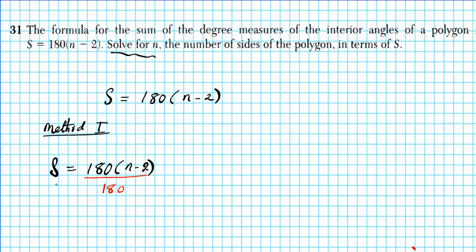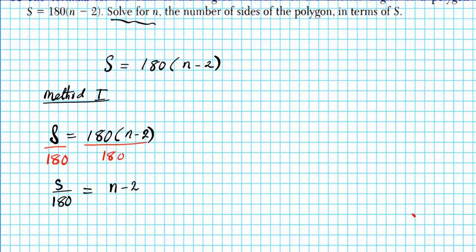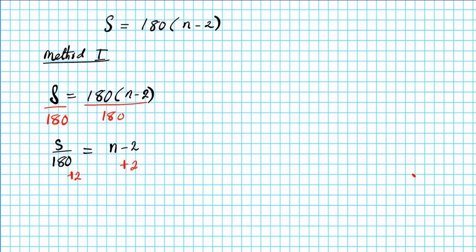Remember, the goal is to get little n by itself. And then that yields S over 180 equals n minus 2. And then you proceed to add 2 to both sides to get n isolated. All right, so your final result will be n equals S over 180 plus 2.